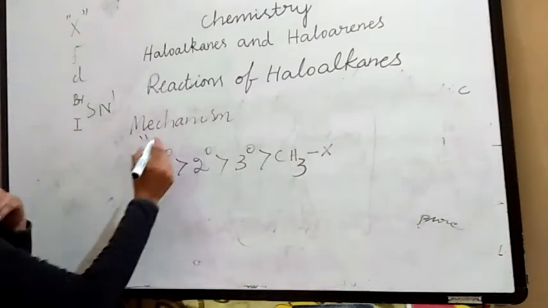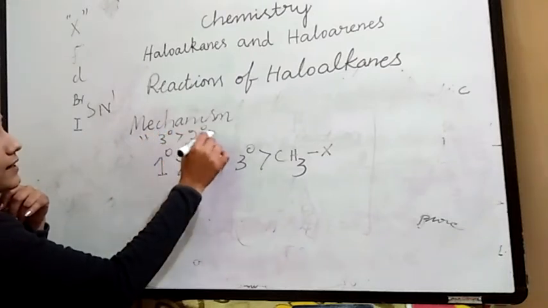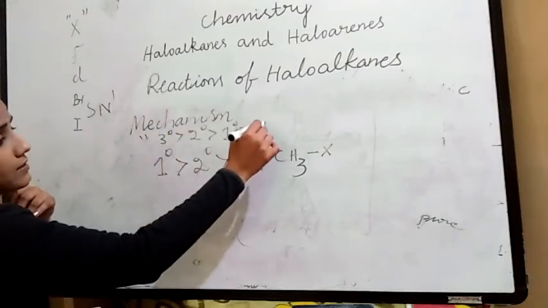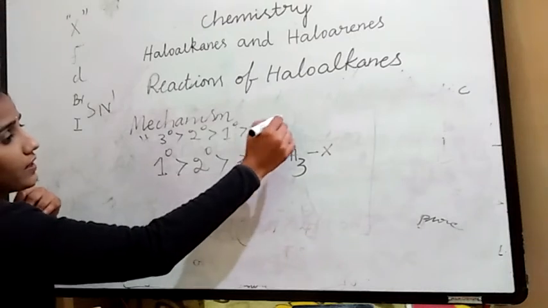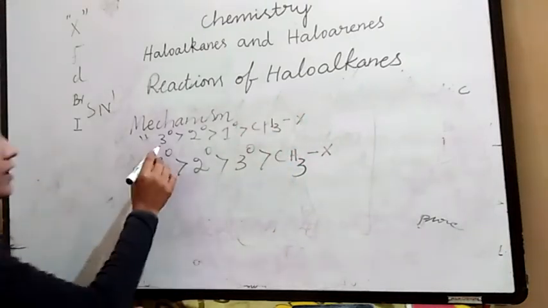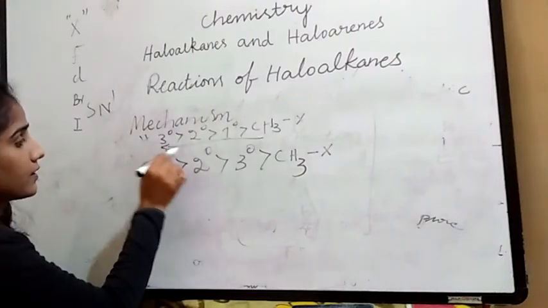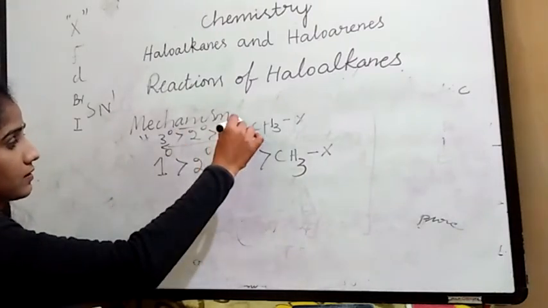In SN1, tertiary is greater than secondary, secondary is greater than primary, primary is greater than CH3X. So it is the reverse. In SN1 like this, in SN2 like this.